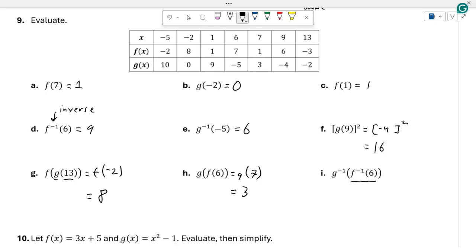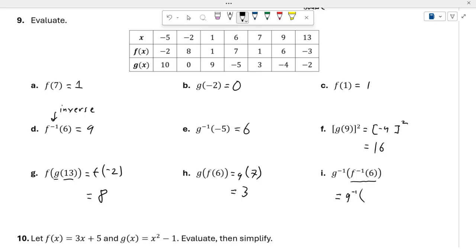I'm going to do this below because I'm at the edge of my screen here. So I'm going to leave the g inverse alone because we're working from the inside out. I'm not even going to think about the g function right now. I'm looking at just f inverse of 6. It turns out we answered this for 9D, but I'm going to do it again.